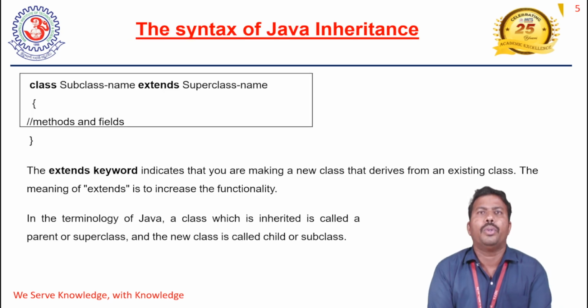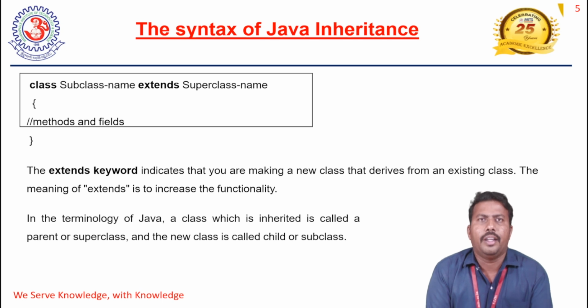Next, syntax. How are we going to define an inheriting subclass? What is the prototype? The syntax for a Java subclass: class, the name of the subclass, extends, superclass, and the body of the subclass followed by the closing brace. The keyword extends plays a vital role in inheritance, which indicates making a new class that derives from an existing class.